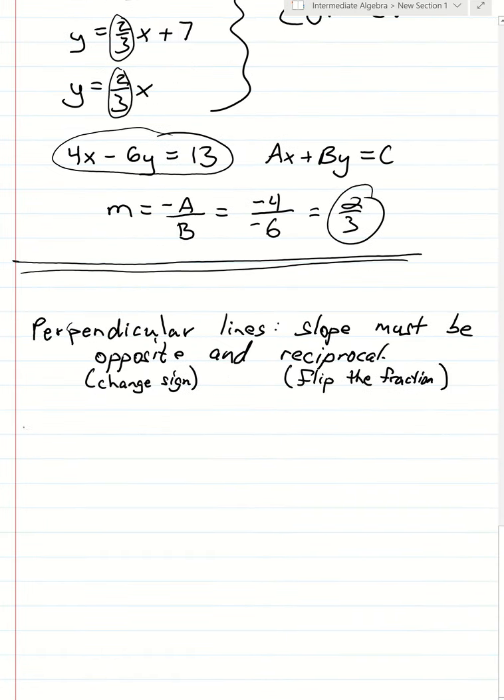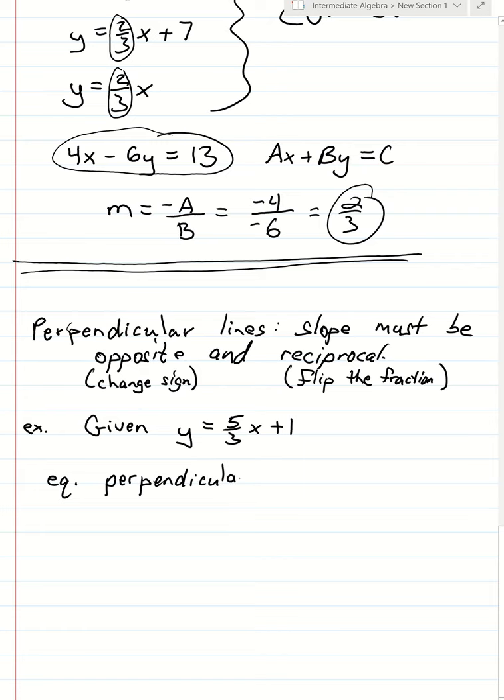So for example, let's say you are given the equation y equals, let's say, 5/3 x plus 1. And I want an equation that is parallel. I'm sorry, not parallel, perpendicular.